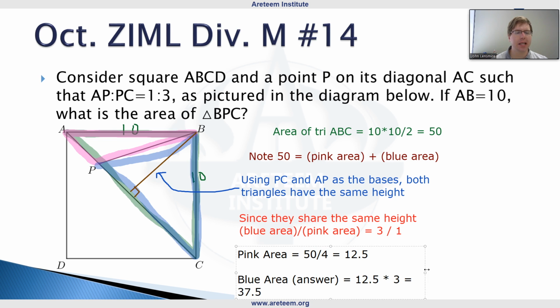Here, I want you to think about these ratios, because that can really help you out in thinking about triangles a lot of times.